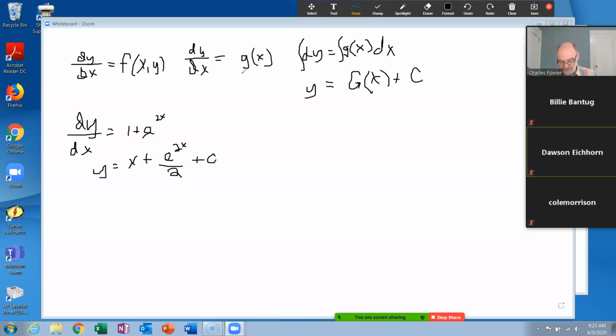If that's the case, the first order differential equation of that form, they're going to keep the same concept here.